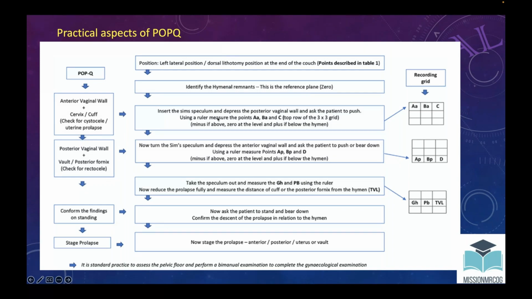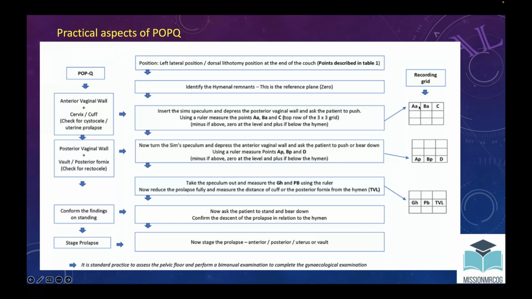Usually we depress the posterior vaginal wall, and we ask the patient to cough. After that, we do the anterior wall measurement, that is Aa, Ba, and C, that is the cervix. So the top row, top grid, is measured and written, and it is plotted here in the grid.